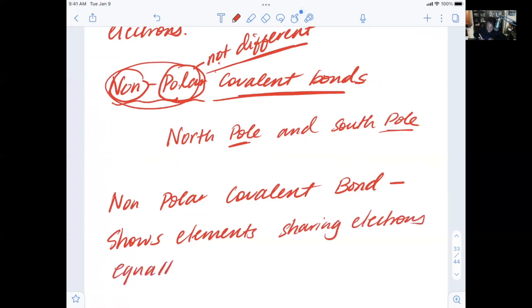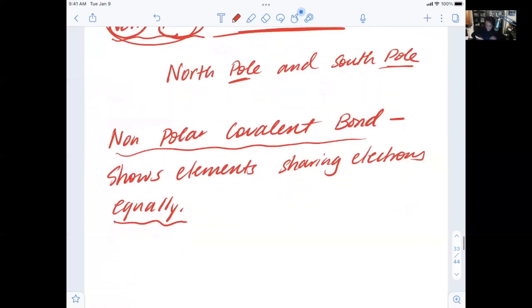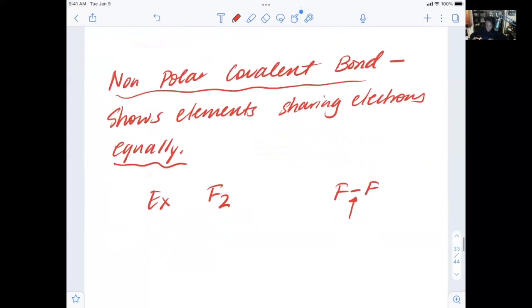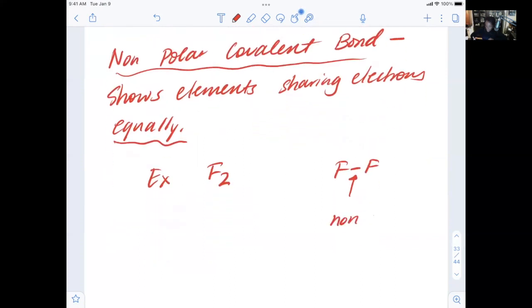Okay, so I did all this just to define what nonpolar was, right? And then to tell you that in a nonpolar covalent bond, the elements sharing the electrons share it equally, and the opposite of equally is not equal. Okay, so the example here will be like when two fluorines are forming a bond like we saw earlier, the bond formed here is nonpolar.